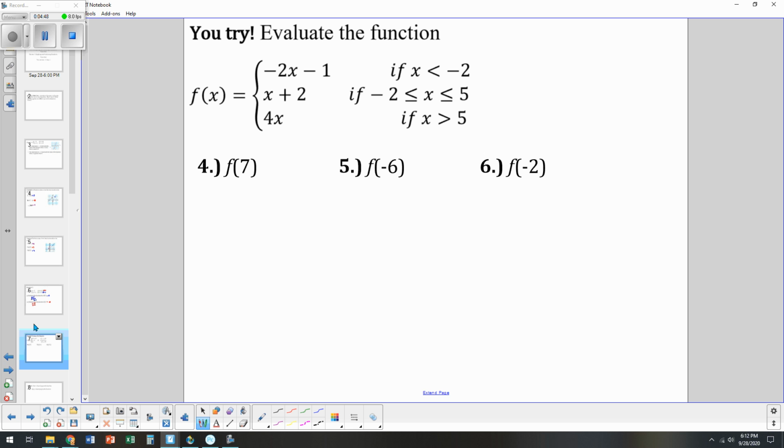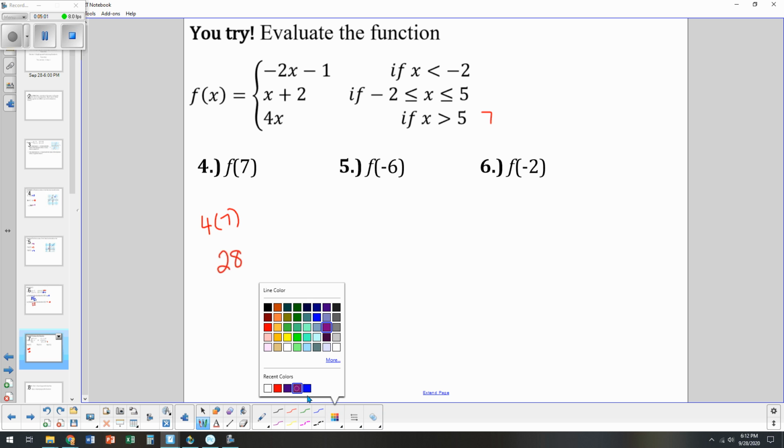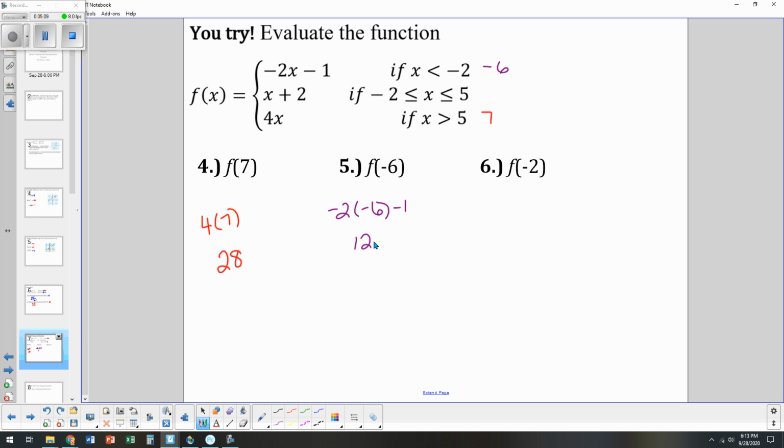You can try these, pause it, and I'll show the answers. Right, so for 4 you should have gotten 28, for 5 you should have gotten 11, and for 6 you should have gotten 0.